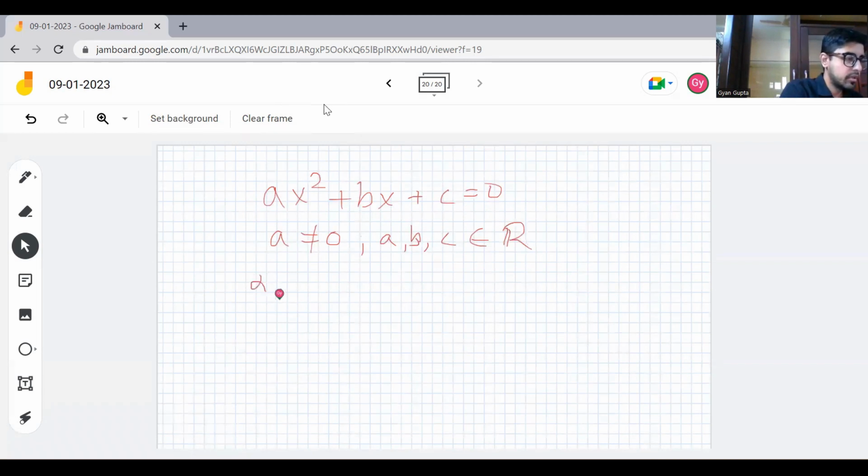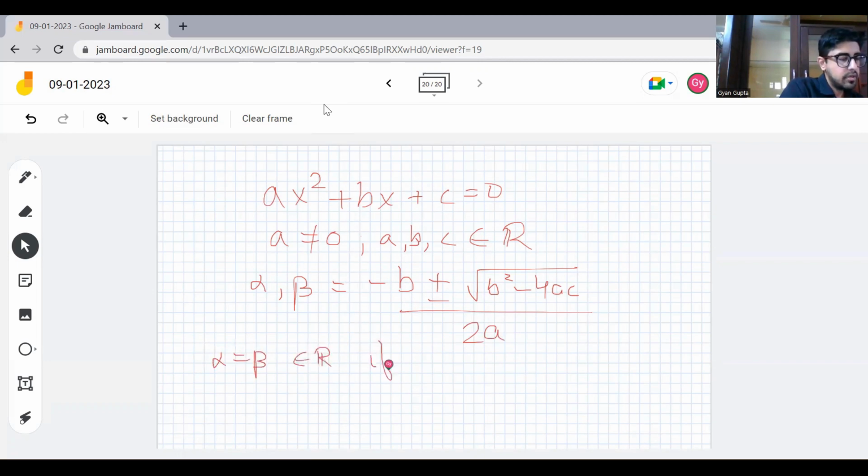Alpha comma beta is minus b plus or minus root of b square minus 4ac by 2a. Alpha is equal to beta, belonging to real numbers, if delta is equal to 0. Alpha not equal to beta, belonging to real numbers, if delta is greater than 0.